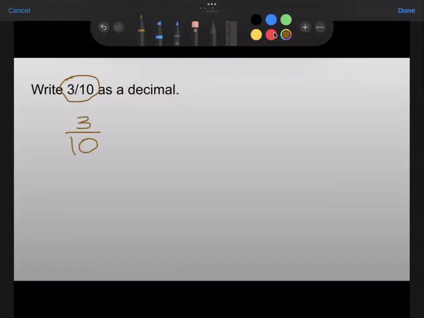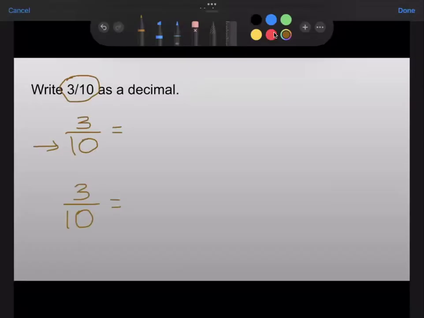So to turn it into a decimal, we could actually do this two different ways, so I'm going to write this twice. The first way is to look at the denominator. Since the denominator is a multiple of 10, that means we can convert it to a decimal by looking at its denominator and determining its place value.